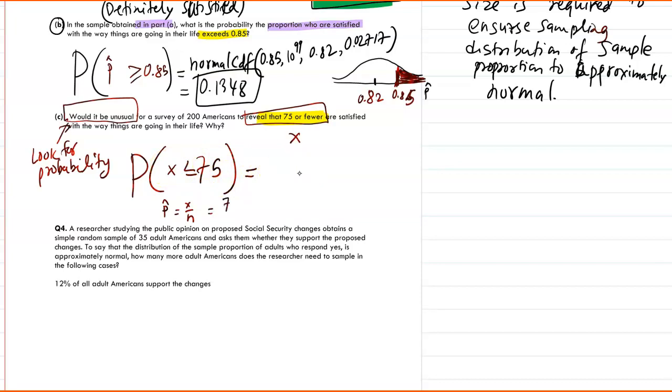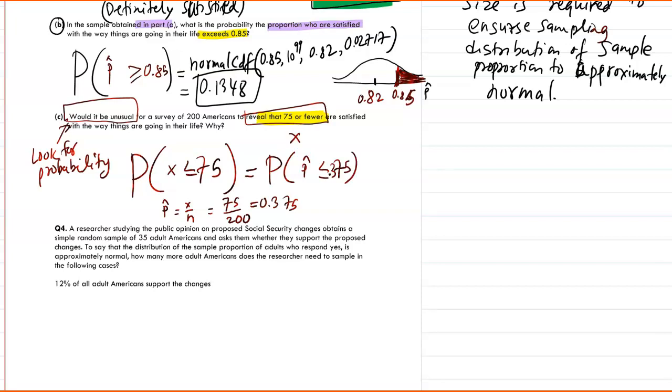X is 75 divided by 200. Remember that x over n is going to be 0.375. Okay, and that's the same as p hat less than 0.375.